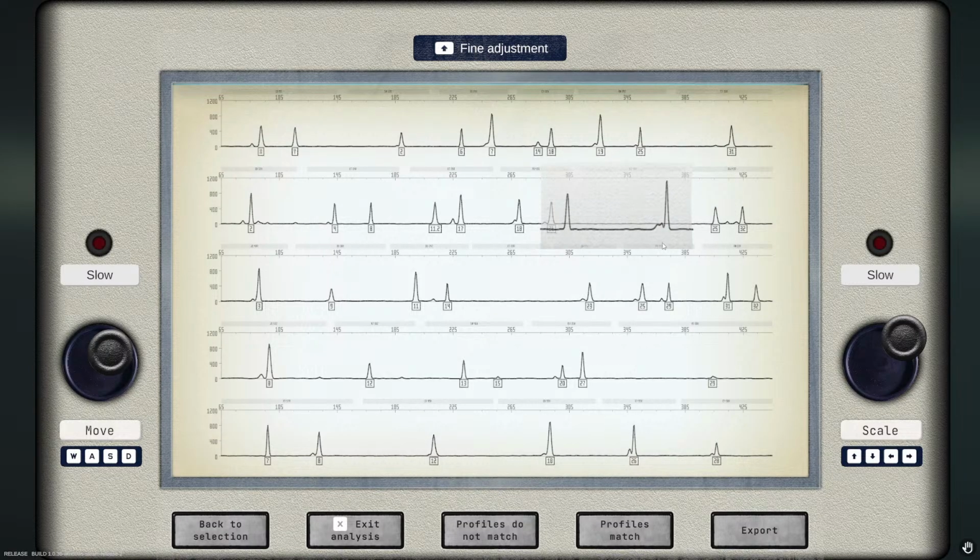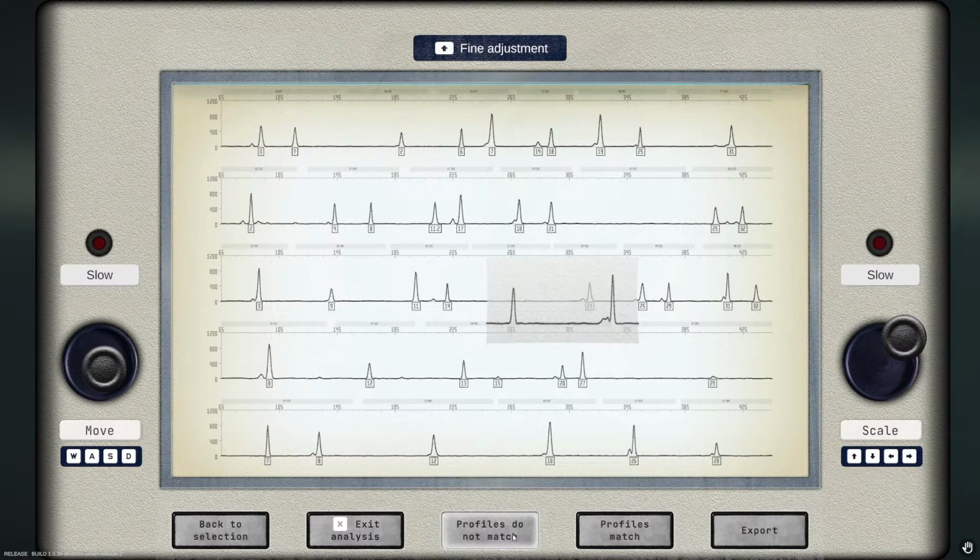Yeah, this one's definitely easier to spot. It's got two little bumps, and then it shoots up. I think that one would be pretty obvious to see. It is not here. So, no match. Yeah, I don't see that. No match.